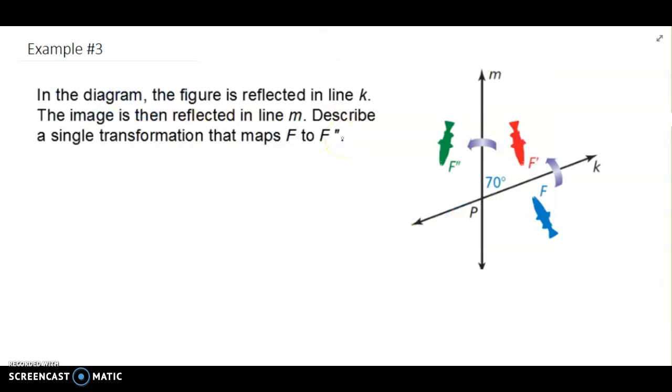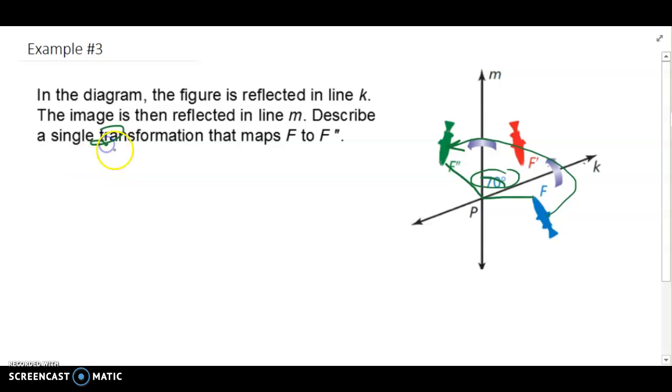All right, so let's do a real quick example. So we know that we reflect F over line K and then reflect it again over line M. So what we get is F double prime. So it wants to know, describe a single transformation that maps F to F double prime. Okay, well, if this angle is 70 here, we know that theorem tells us that it is the same as a rotation that is double this.